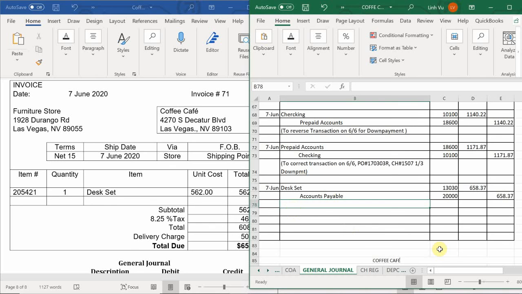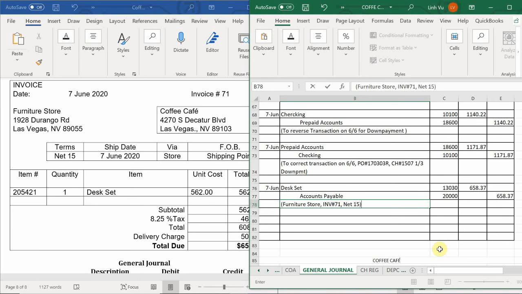And here we have all the information that we need, right? This vendor is from the furniture store. Invoice is number 71. And the terms I have here is another net 15.